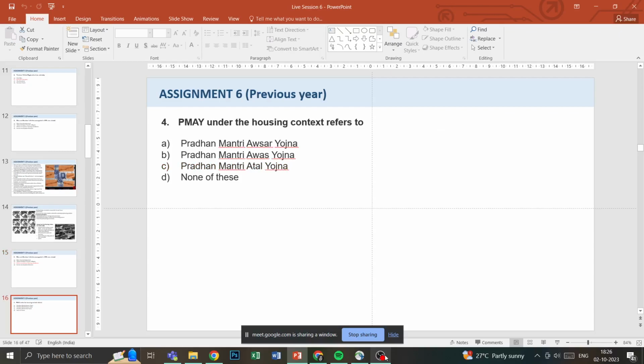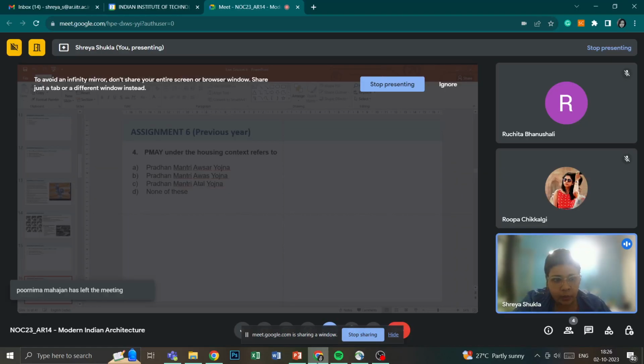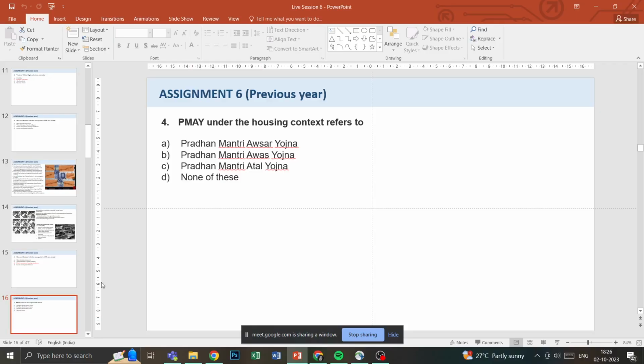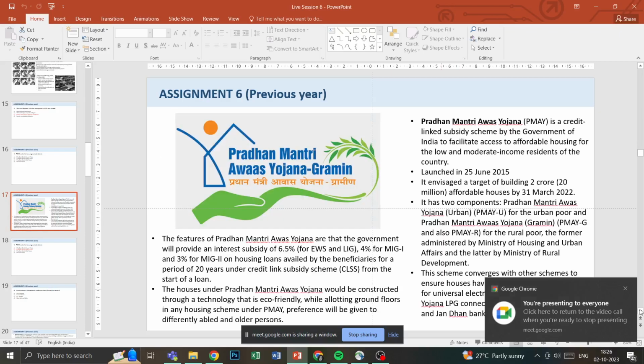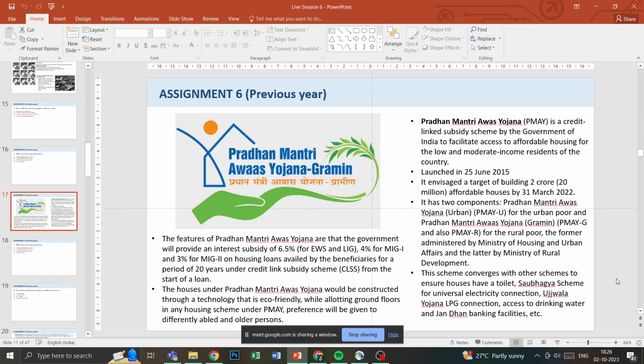Next, PMAY under the housing context refers to Pradhan Mantri Awas Yojana, Pradhan Mantri Atal Yojana, or none of these. Some of you might be aware of the term PMAY, so I'll just quickly talk about it. It's called Pradhan Mantri Awas Yojana.